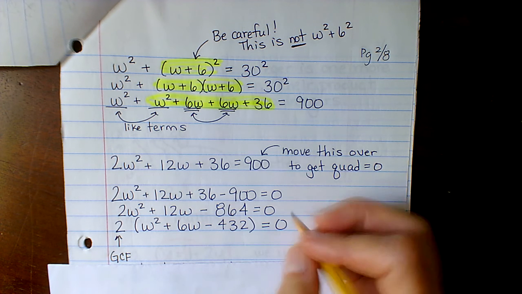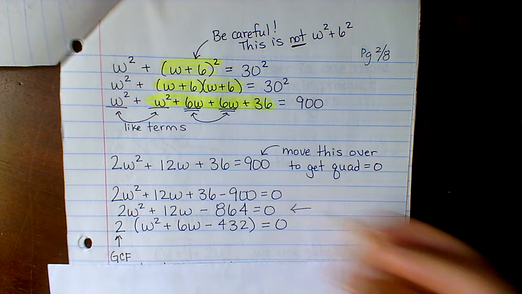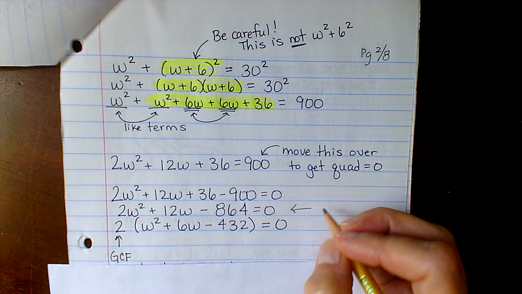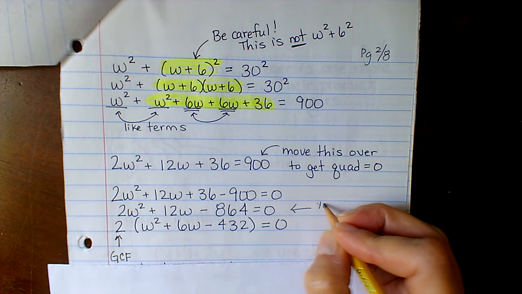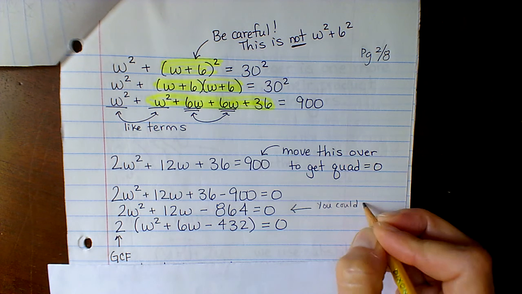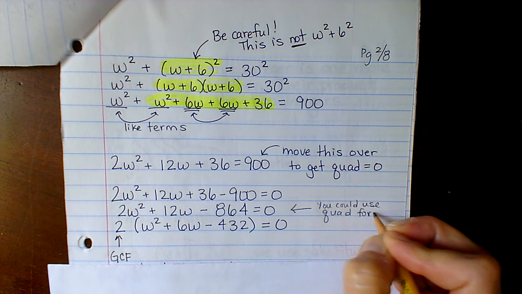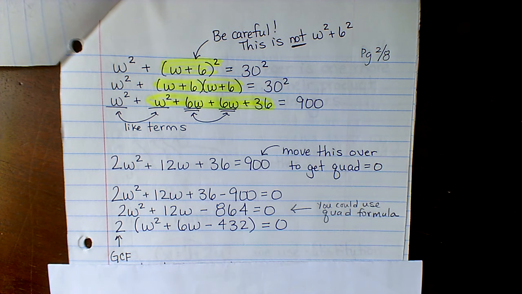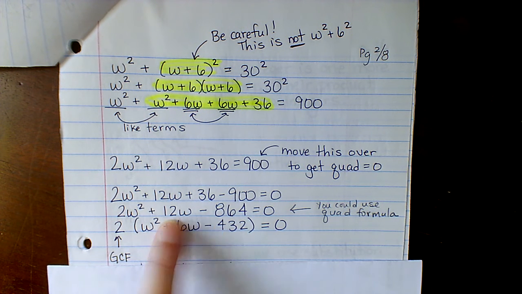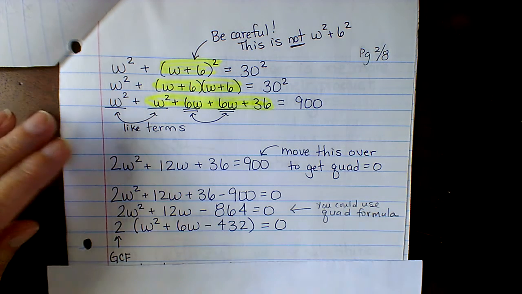Now at this point, you could go straight to the quadratic formula here. A is 2, B is 12, C is negative 864. I chose to factor it, but you certainly don't have to do it that way.